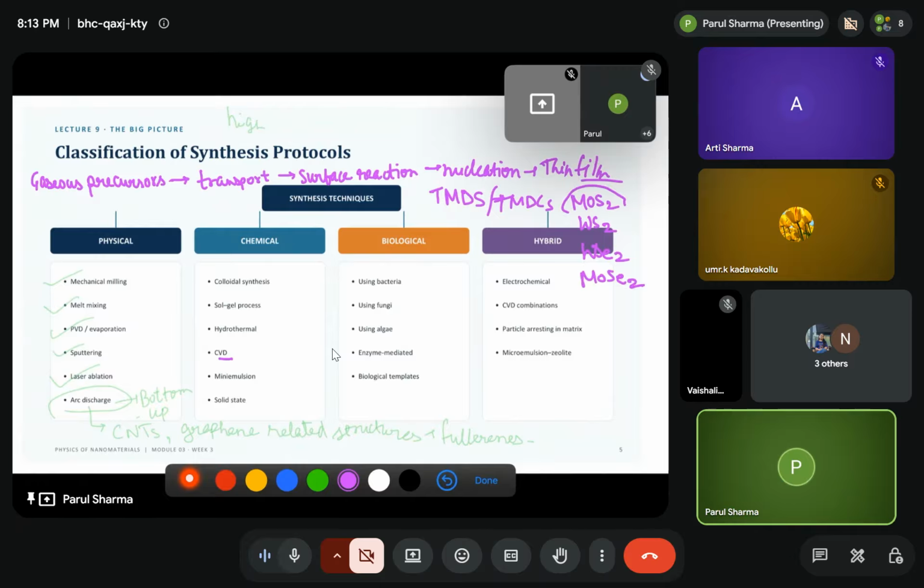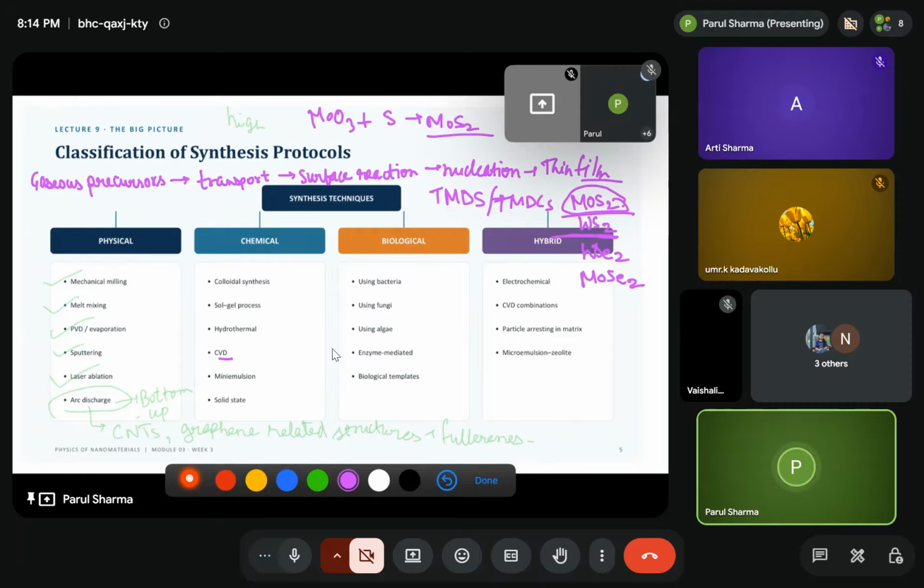So to generate these we are using CVD. What we are doing is taking the precursors like MoO3 plus sulfur, then it will give us MoS2. Similarly, if we want WS2, WO3 plus sulfur gives it.